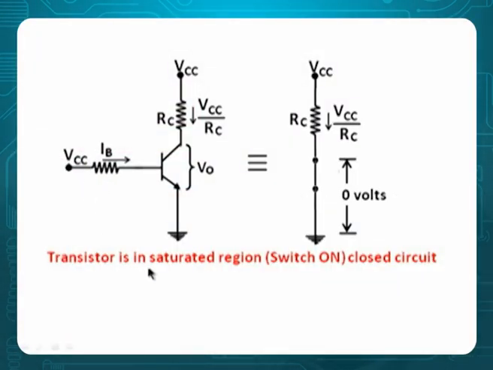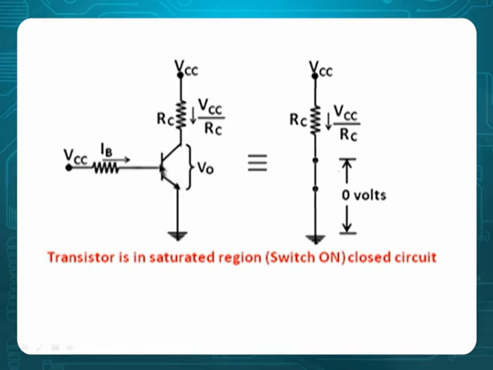Look at this. Here is a transistor, saturated region, switching on. Suppose you give high voltage. When you give high voltage, the output will be low. That's why we said the transistor is acting as an inverter. When you give high voltage, more than 0.8, the transistor is on.